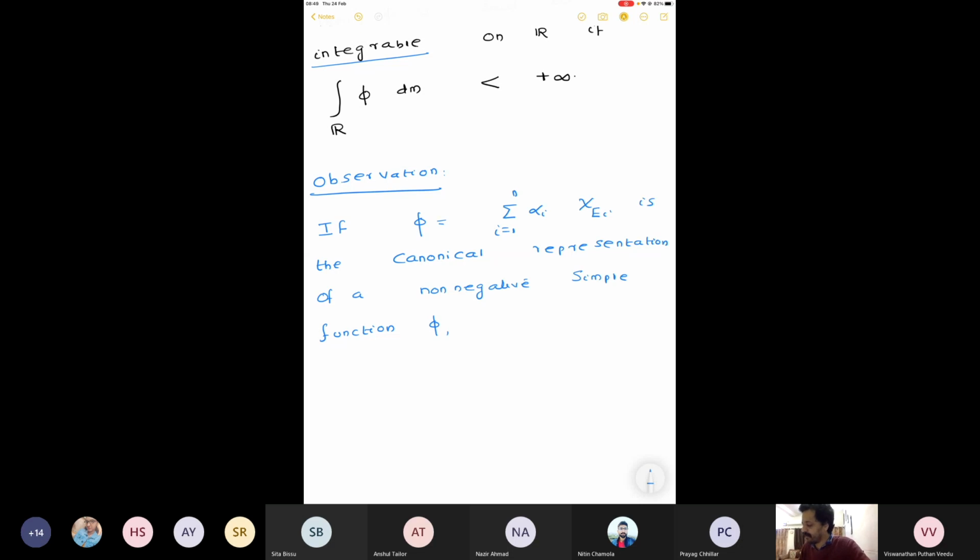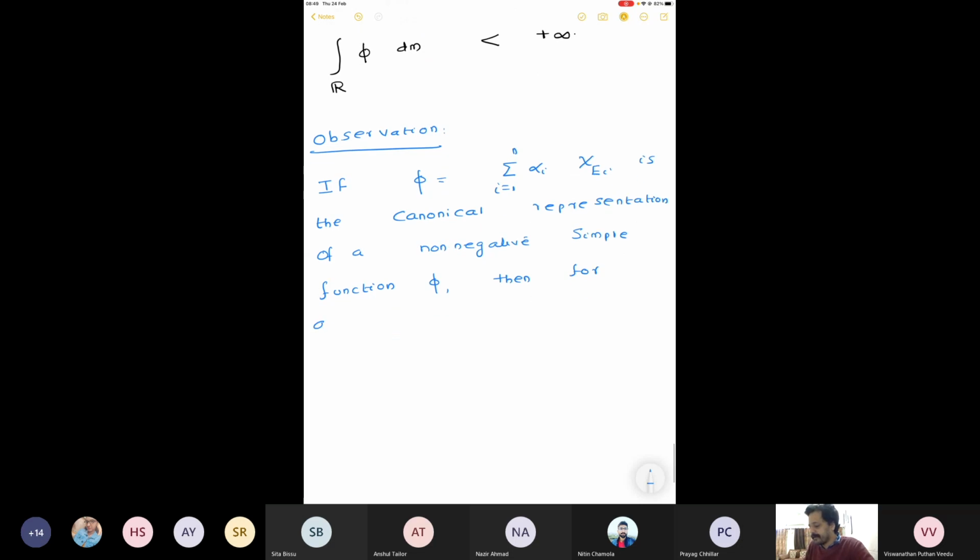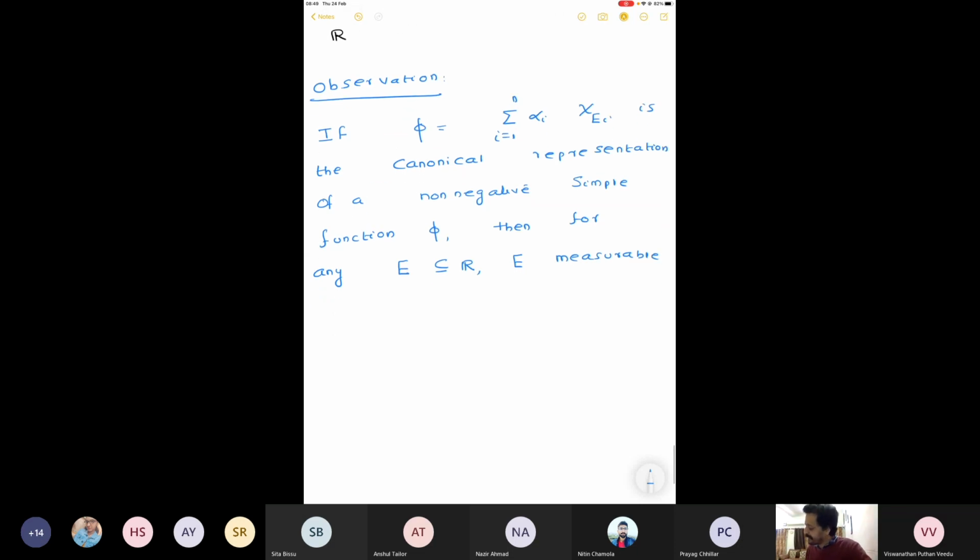Now, what we do is the following. Then, for any E subset of R, E measurable, Lebesgue measurable, what will be chi E times phi? I would like to know what the chi E function multiplied with the phi function is. Multiplication is pointwise: fg of x is f of x times g of x. Can you tell me what it will be?